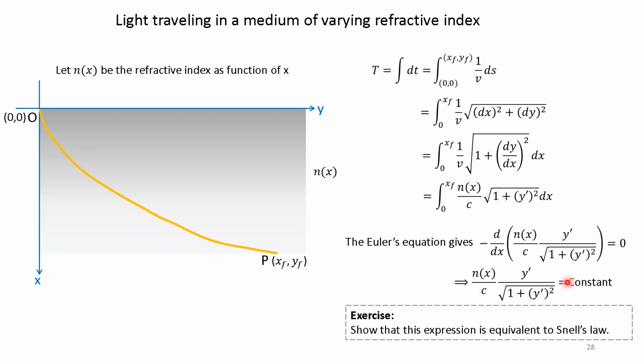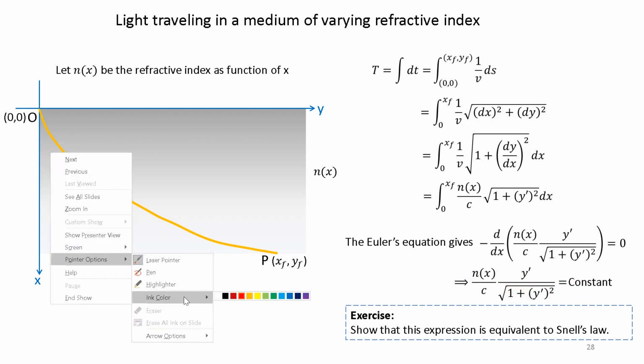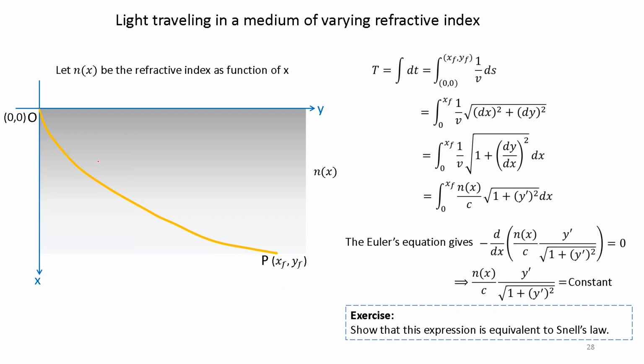Now, this y prime divided by this one is again a sine theta. Imagine this is a normal line, you take the tangent of the line at a particular point, and you can form a theta over here. So this is again actually Snell's law.